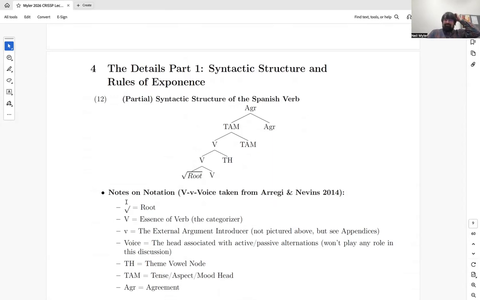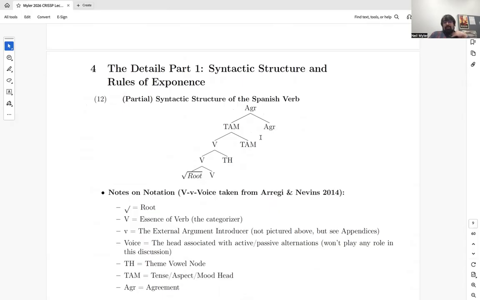All right, so I'll take it that amongst many other wonderful things that it does, the morphosyntax of Spanish constructs a complex head that looks something like 12, okay? And this is taken more or less directly from work by Carlos Oreggi with some emendations from the work of Iggy Roca.